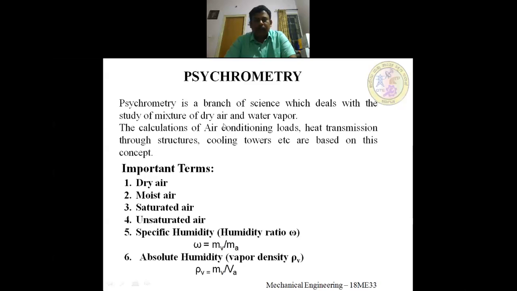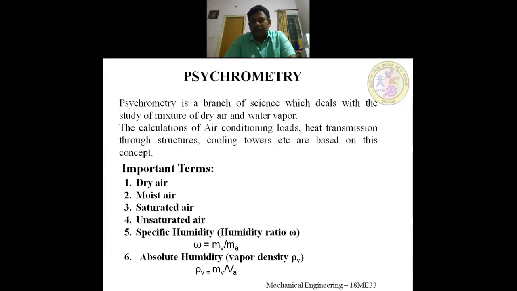Atmospheric air is a mixture of so many gases that comes as dry air, and it also contains water vapor. This subject forms the basis for calculation of air conditioning loads, heat transmission through structures, cooling towers, etc. They're all based on this concept.